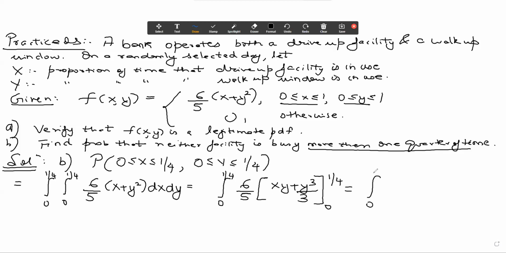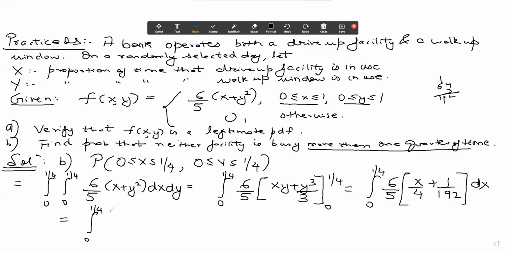So this becomes integral 0 to 1/4, 6/5 times, let me put y as 1/4, so this becomes x/4 plus (1/4) cube, so 1 upon 64, and 64 into 3 is 192. So 1 upon 192 dx. So this will be integral 0 to 1/4, 6x/20 plus 6 upon (192 into 5).